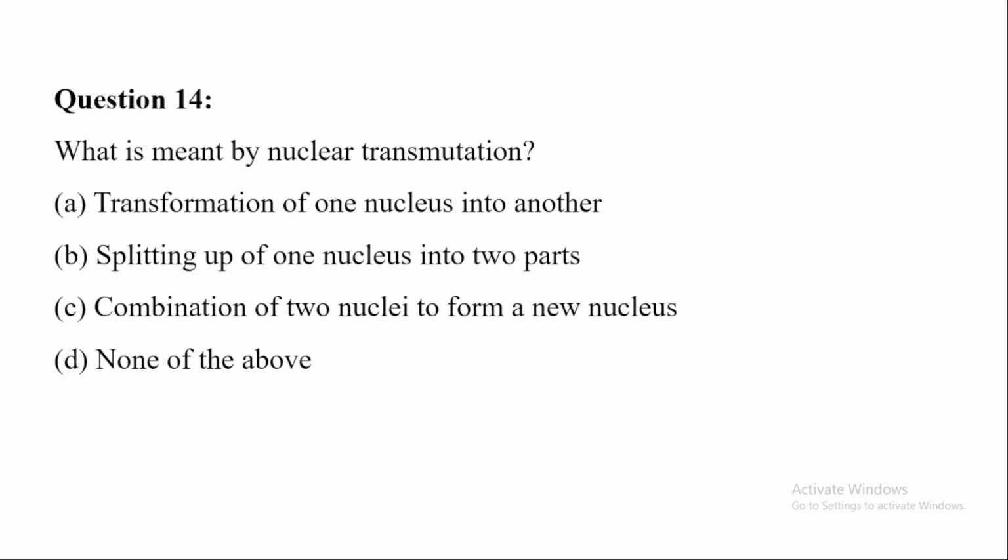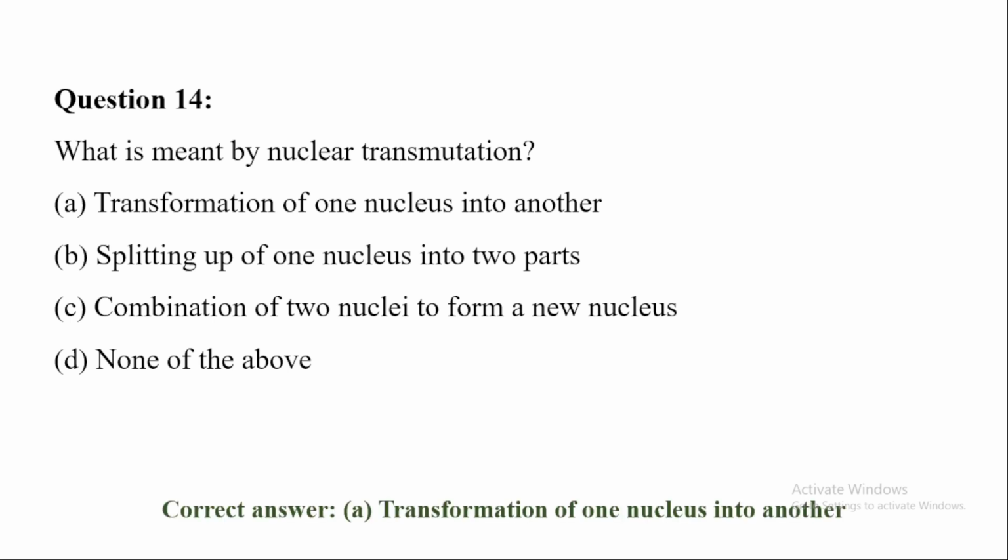Option C is combination of two nuclei to form a new nucleus. And D is none of the above. Nuclear transmutation is transformation of one nucleus into another. The answer is option A.